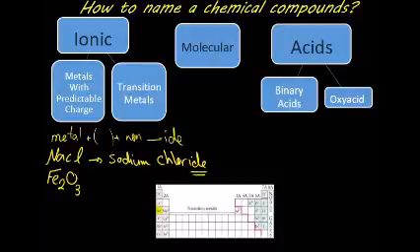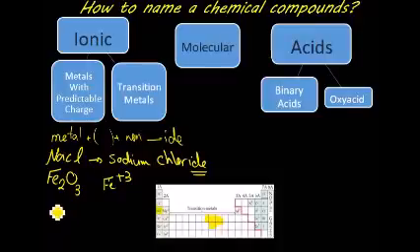So let's name Fe2O3. Fe is one of the transition metals, should be located somewhere here. So for this example, I choose Fe that has a positive 3 charge. So this is Fe3. So I have to specify because we have Fe plus 2, that's Fe2. So to name it, you have to specify which one you used or which one is in the compound.